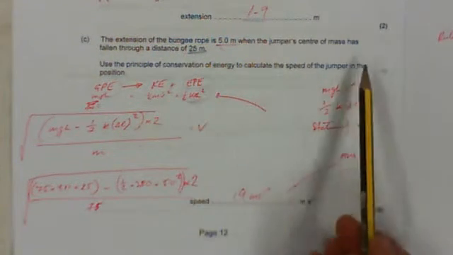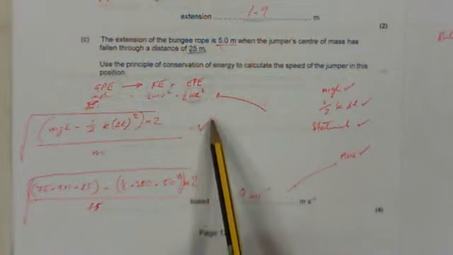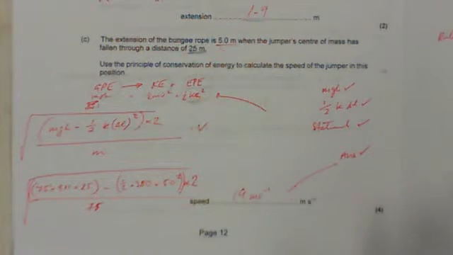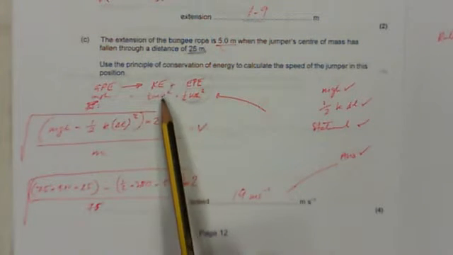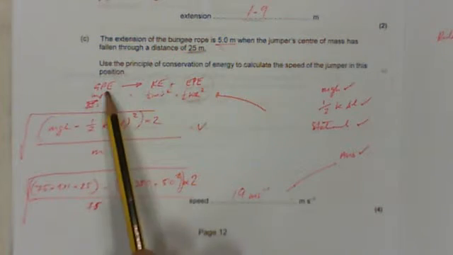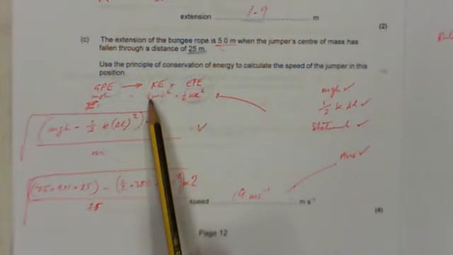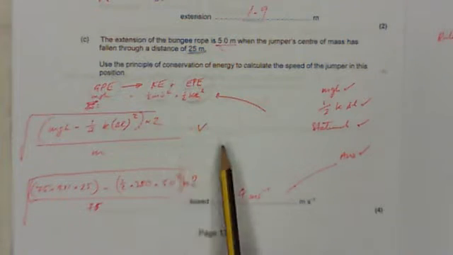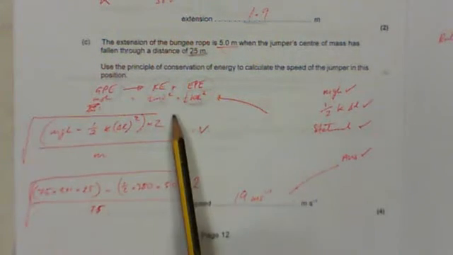Once we've done that, we want to rearrange all of this lot to make v the subject of this equation. So you can see what I've had to do here. We've got the v there, let's subtract the k delta L squared first, so that's over there, and then let's multiply by 2 to get mv squared, and then let's divide by m to get v squared on its own, and then finally let's square root the lot.